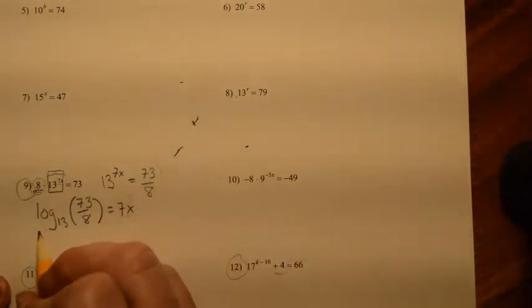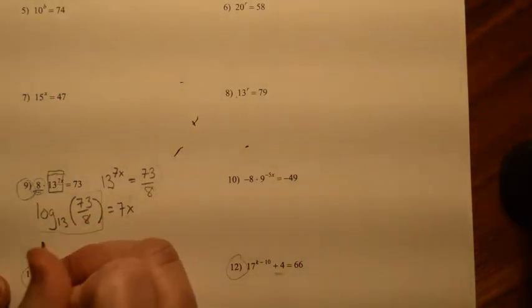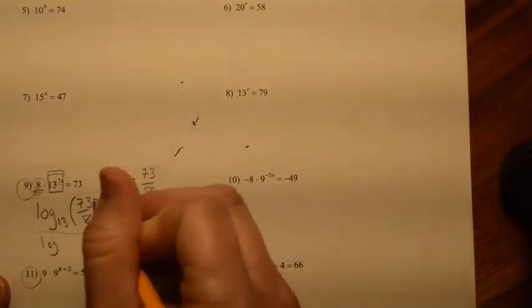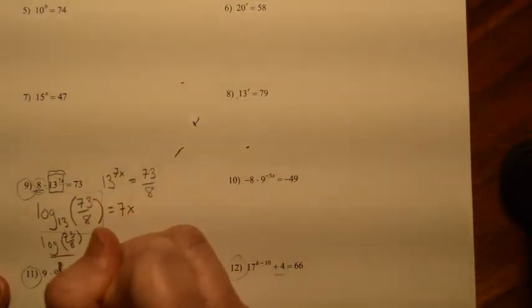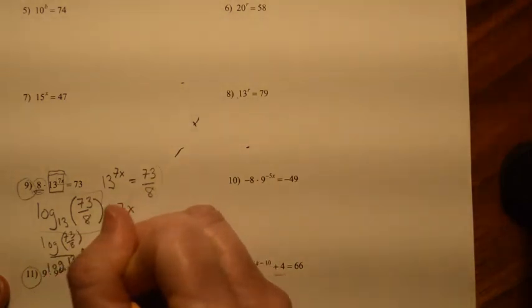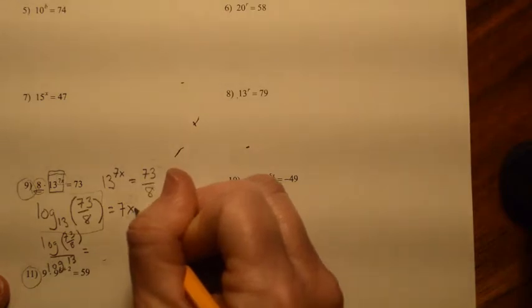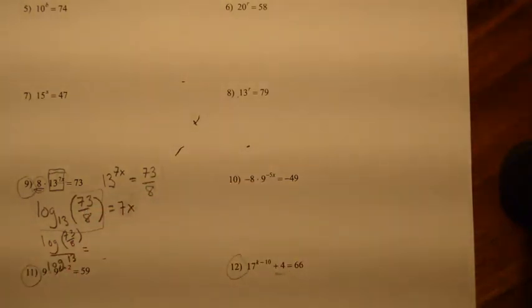Okay. I need to use the change of base formula on this side. So I'm going to write it as log 73/8 over log 13. And I'm going to get a value that I'm then going to set equal to 7x. So let me do this in the calculator first, and then I'll set it equal to 7x.